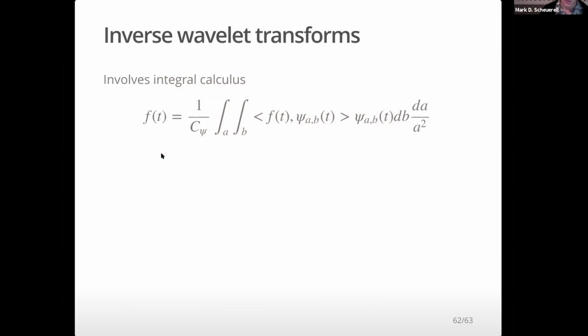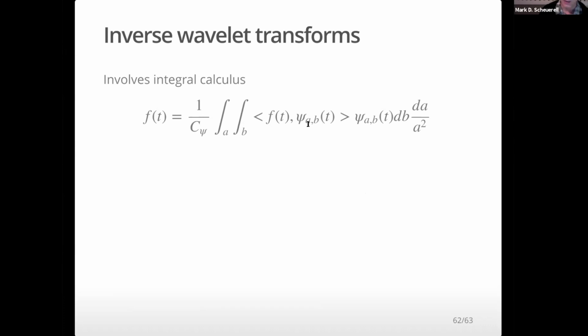Okay, so the inverse. Remember we talked about inverse Fourier transforms, the ability to go backwards, and for discrete ones, that was fairly simple. We just did it by hand, we just coded it up in R. Doing the inverse wavelet transform is going to get you to integral calculus really fast. There's no other way around this. So the software that does this is optimized to do so. But the issue here is that you essentially have, now that's funny, I switched notation.